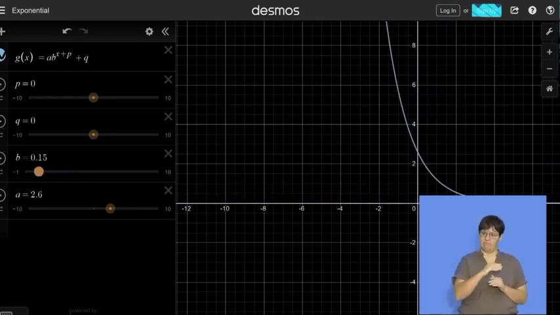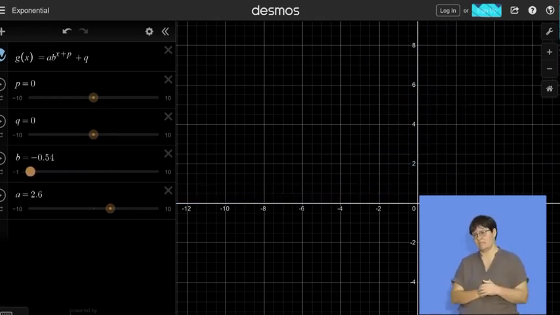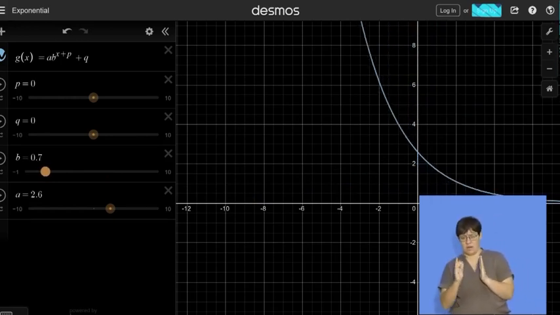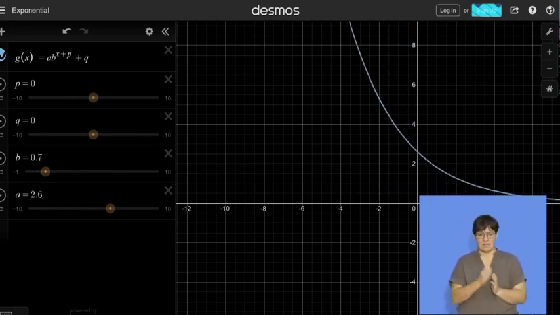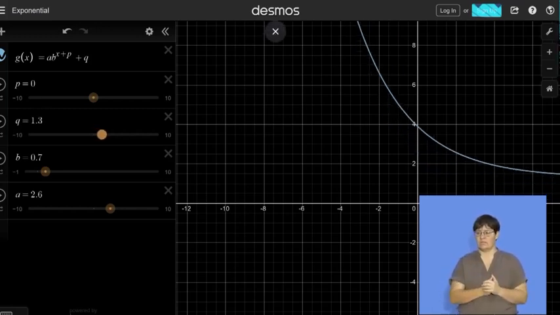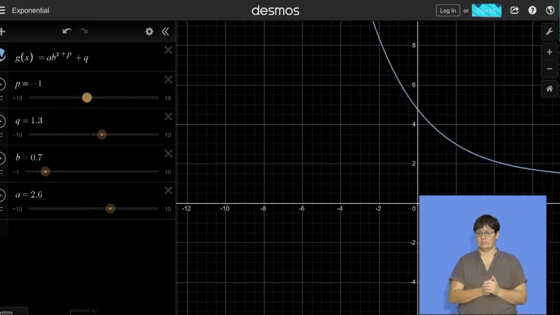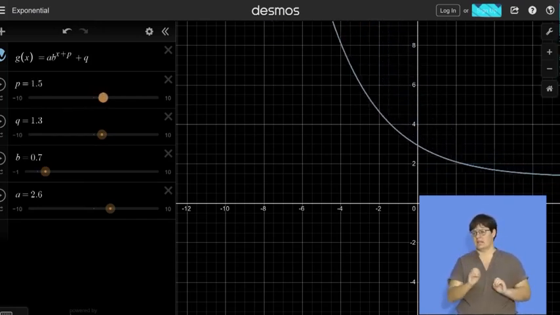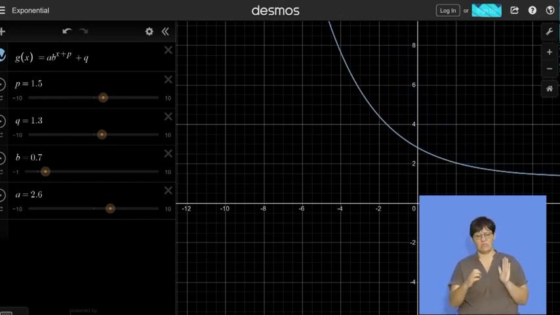If it becomes negative, then that will not be a defined function, but we know that it can always be between 0 and 1. So it must always be greater than 0. And then the q value will be our horizontal asymptote, but the p value is just a constant. It doesn't tell us anything about where we can locate the graph.